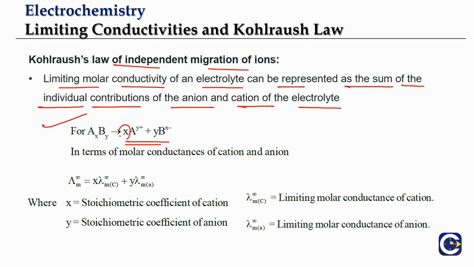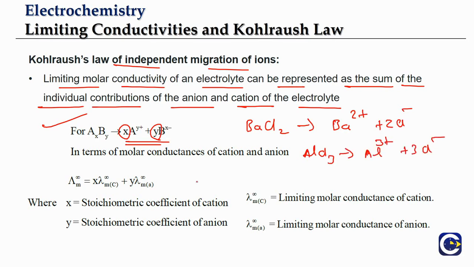It is going to give X number of A type of ions and Y number of B type of ions. For example, if we take barium chloride, it is going to give us 1 barium ion and 2 chloride ions. If we take AlCl3, it is going to give us 1 aluminum ion and 3 chloride ions.